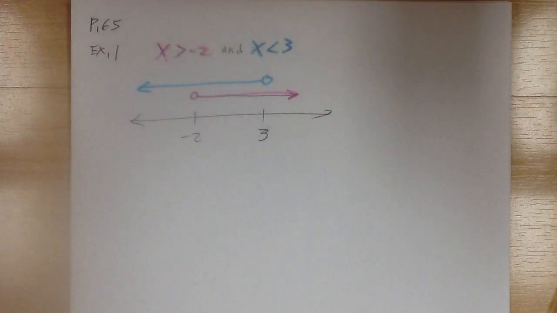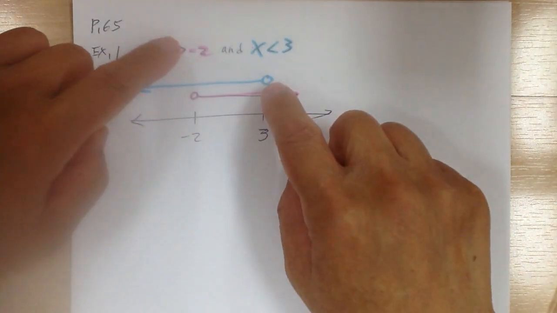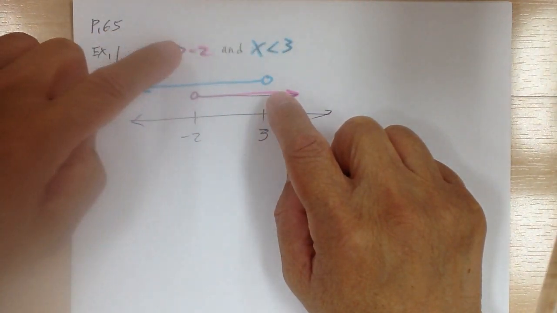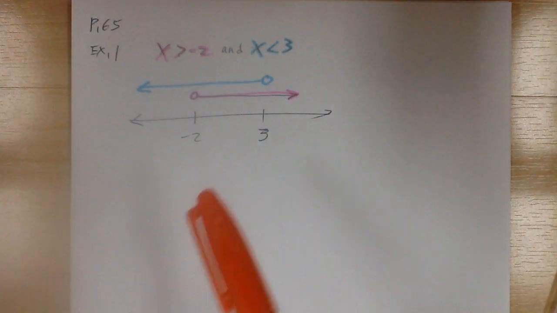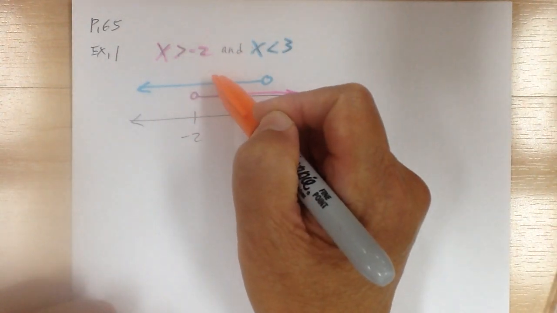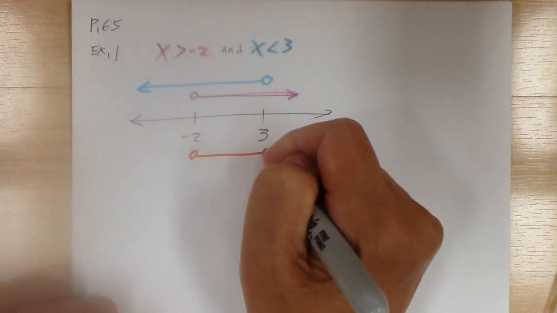Okay, now you have to apply the conjunction. Conjunction and means whatever is in here and in here. So you have to be in here and have to be in here. So the only part that is in here and in here is this region right over here.